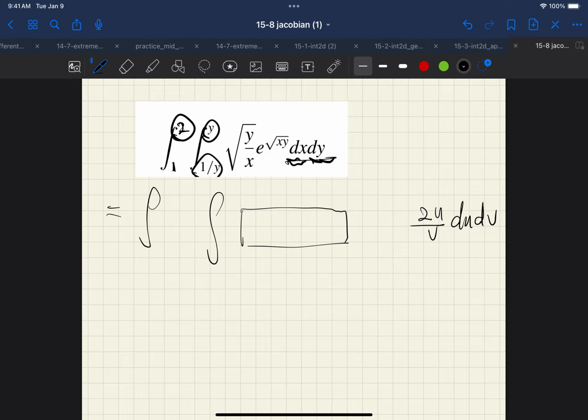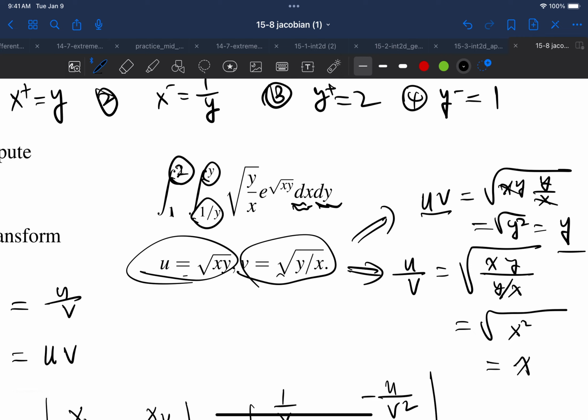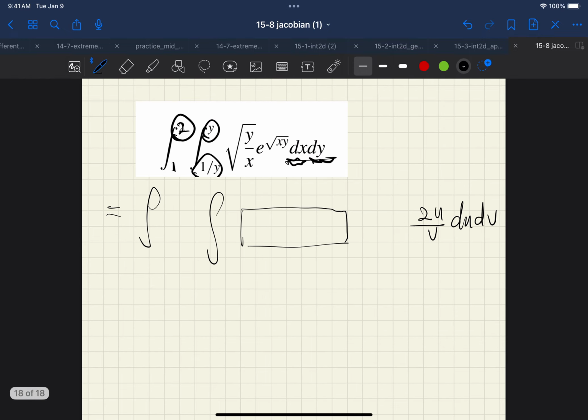Now here we have the square root of y over x, which is u, right? And the square root of xy is v. So this guy itself becomes v times e to the u.